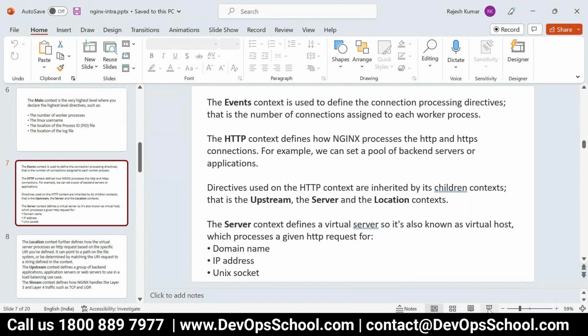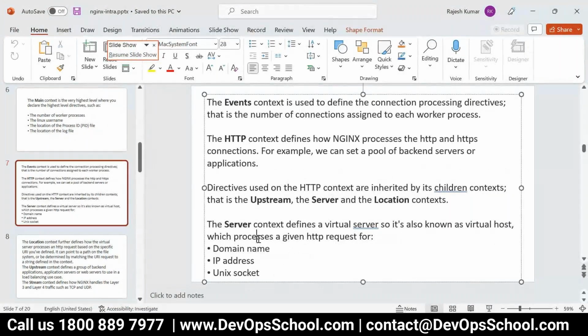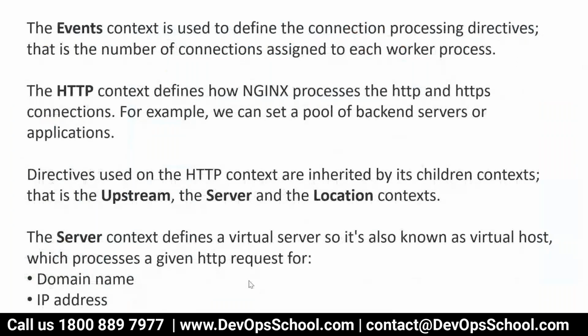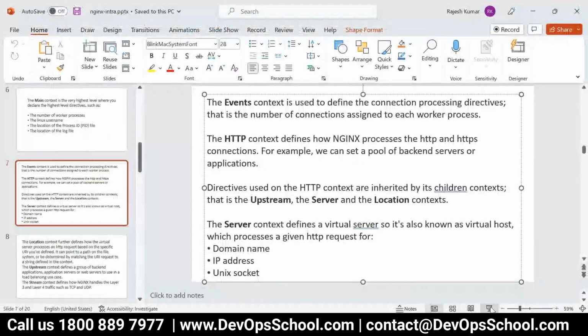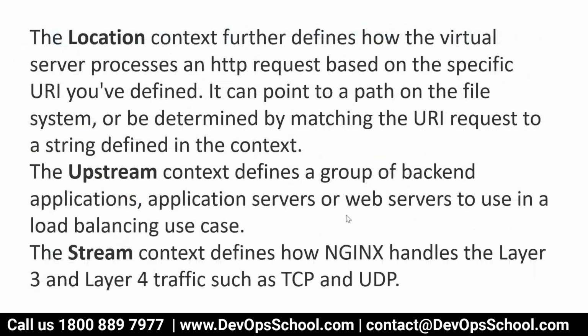Inside that you have locations also. Right now in this example it's not there, I'll show you. So inside that, the location context further defines how the virtual server processes an HTTP request based on the specific URI you have defined. URI means the URL pattern which you want.